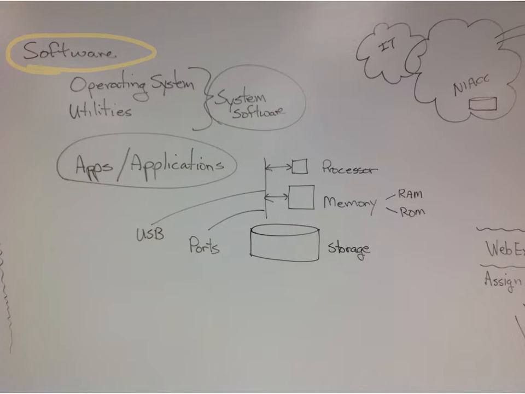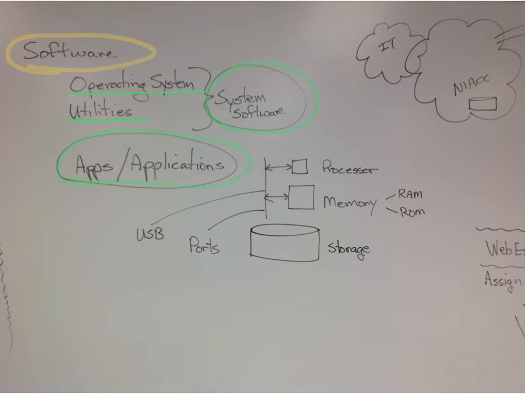Software. Software we split into 2 major groups. We have system software and we have applications and apps. We took system software and split that into 2 parts, the operating system and utilities.